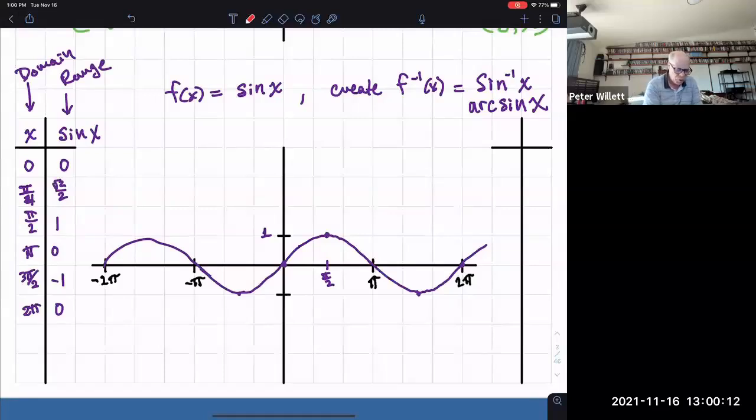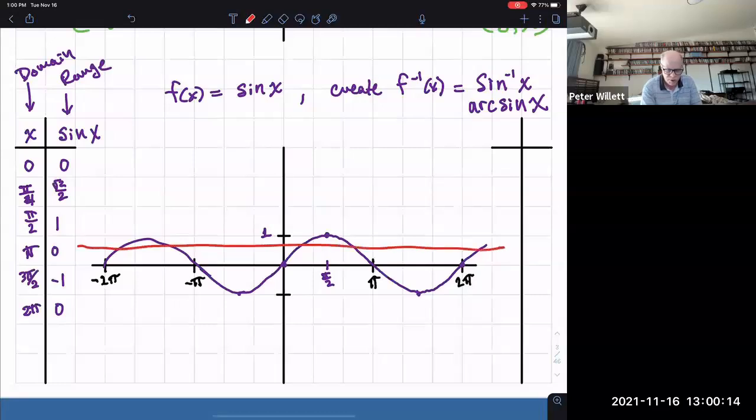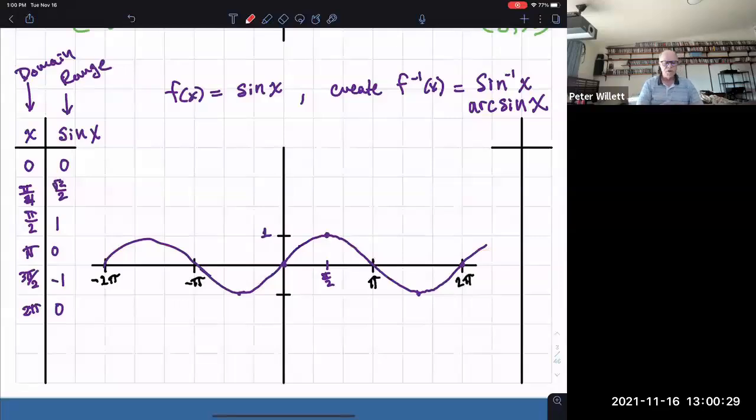We can see pretty quickly that lots of horizontal lines I might draw across this graph would cause it to fail the horizontal line test because they contact the graph in multiple places, in fact, infinitely many places. So the sine function is not 1-to-1, just like the x squared function is not 1-to-1.